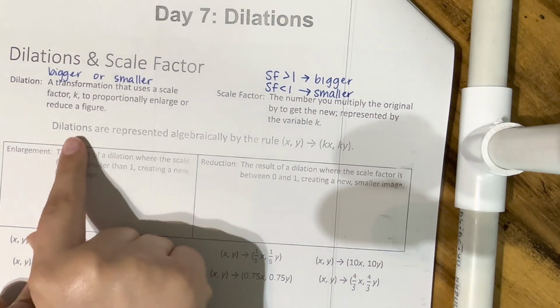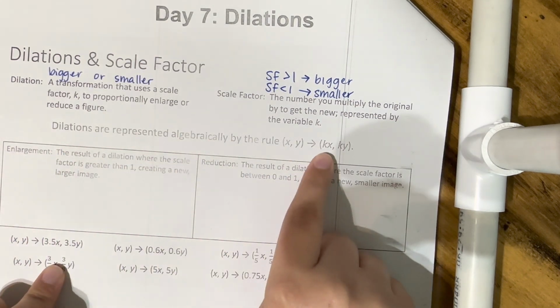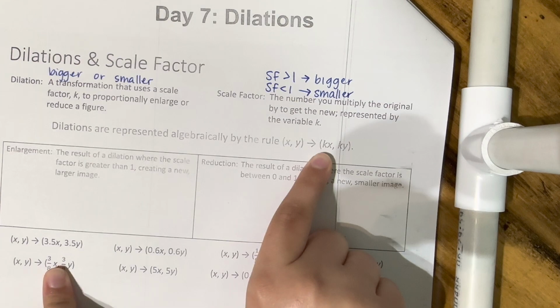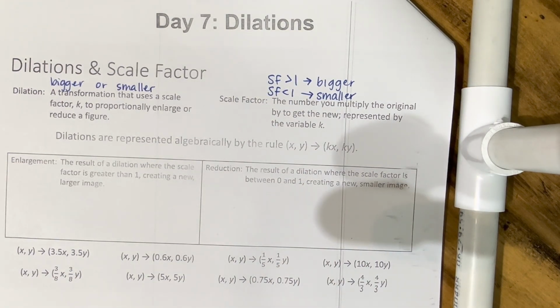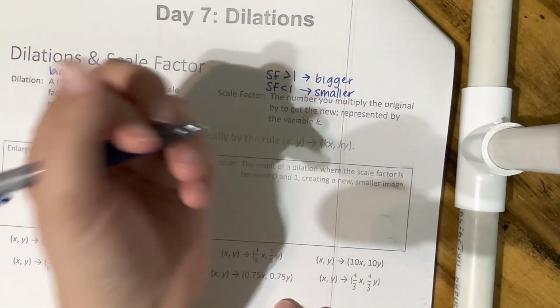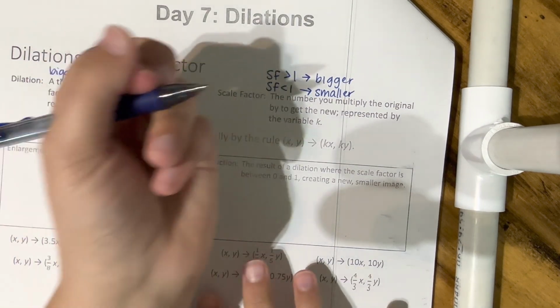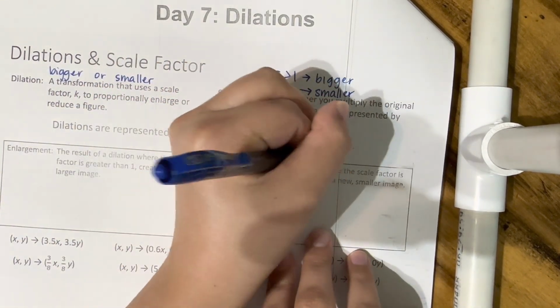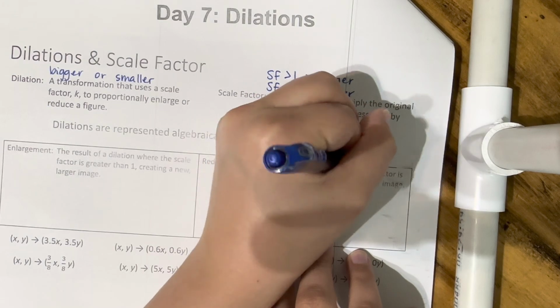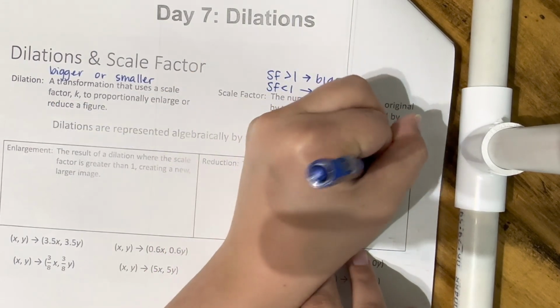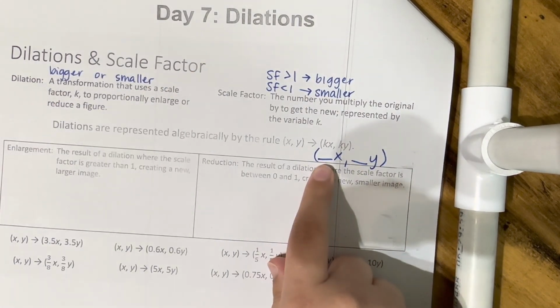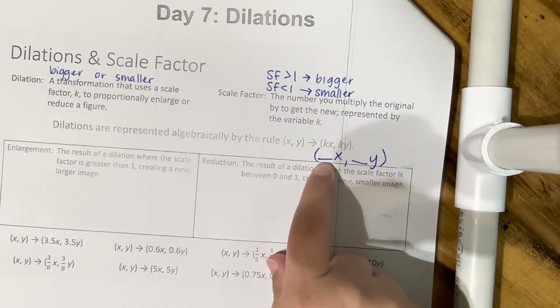So there's a specific rule. The way we write those rules, it looks like this. XY transforms to KX, KY. So what this means is that they are multiplying the scale factor by both the X and the Y value. So they're using KX, KY. You also probably have seen me write it like this, something X, something Y, and that number is my scale factor, right?